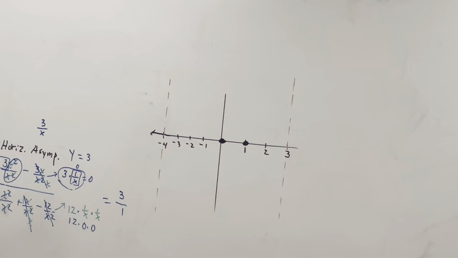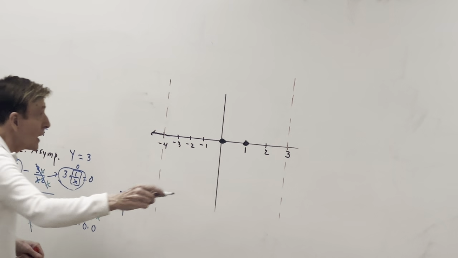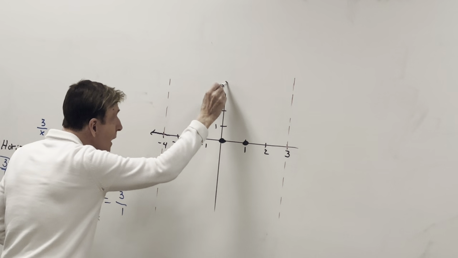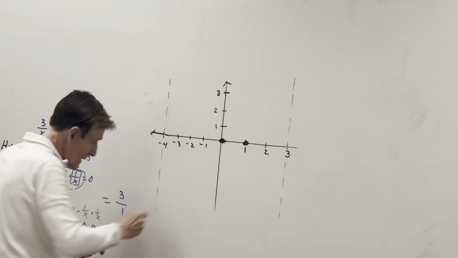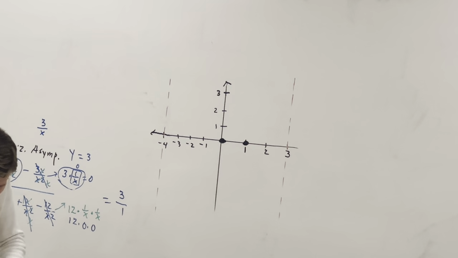There's the vertical. Horizontals, the last thing I need to worry about, that's up at 3. That's a strange one. There. And we put that in a different color, let's try green. And we'll try to graph this.